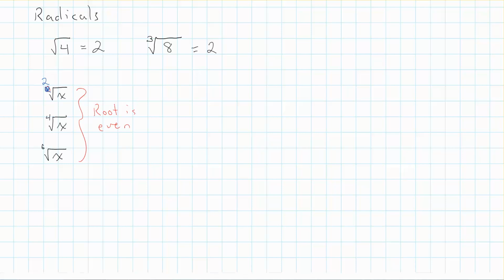So the important thing to remember, and we'll talk about this later in the semester, is that if you do square roots or 4th roots or any kind of even root, x has to be greater than or equal to 0 in order to get a real answer.